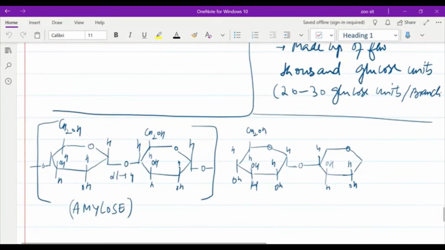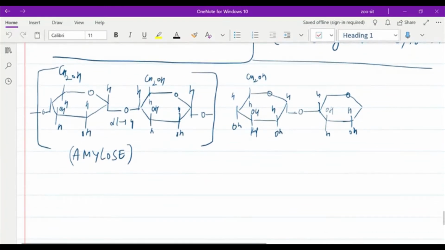Here we have now discussed the structure. The linear polysaccharide, amylose, is the water-soluble fragment. Here, two glucose units are linked together by means of alpha-1,4 linkage.